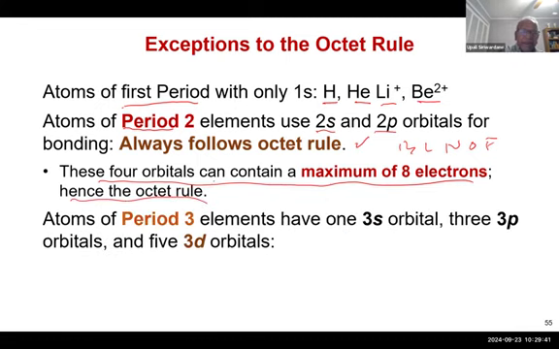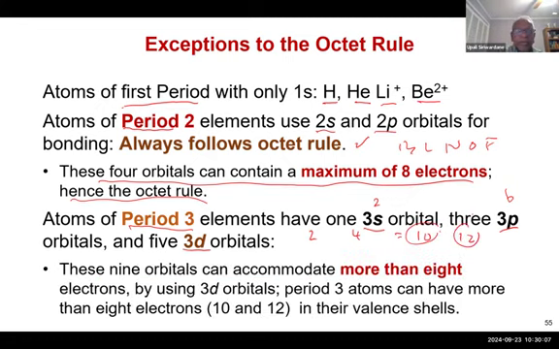But period 3 can have, in addition to 3s and 3p, 3d atomic orbitals. Therefore, 2 electrons here, 6 electrons here. Sometimes it gets 2 more or 4 more, leading to 10 or 12 total electrons.